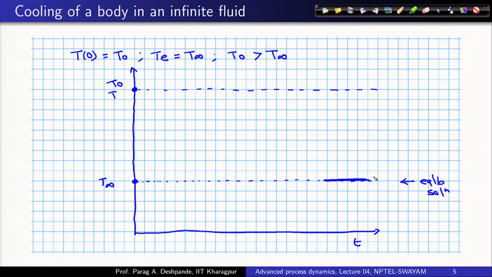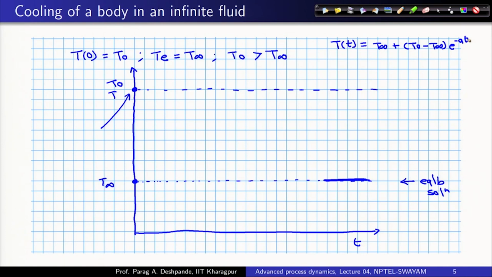Okay. So, how do I start from here and reach here, taking into account the exponential decay which is associated with my model equation? If we remember, our model equation was T of t is equal to T infinity plus T 0 minus T infinity e to the power minus a t.